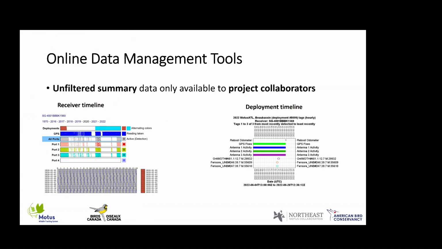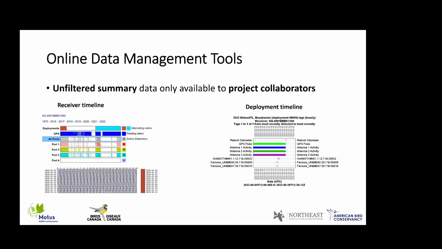Just going into a little more detail on the online data management tools, you have 2 options for viewing data. There's the unfiltered summary data. There's a receiver timeline and a deployment timeline. So these are both unfiltered summaries.